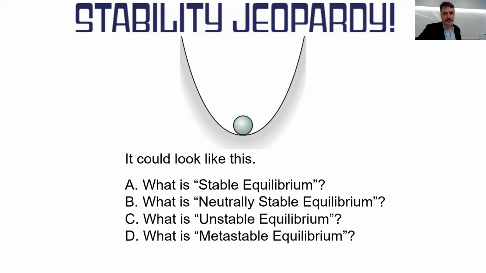Five seconds. Okay, you guys got it. This is a stable equilibrium. If you push it a little bit to the left, it accelerates towards the right. If you push it a little bit towards the right, it accelerates towards the left. It always wants to get restored back to its equilibrium.